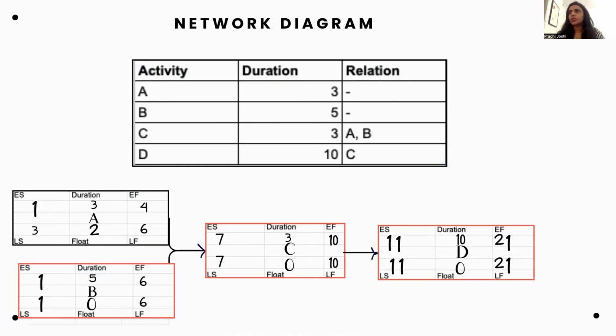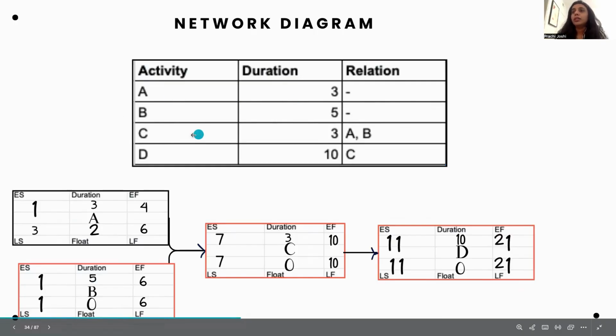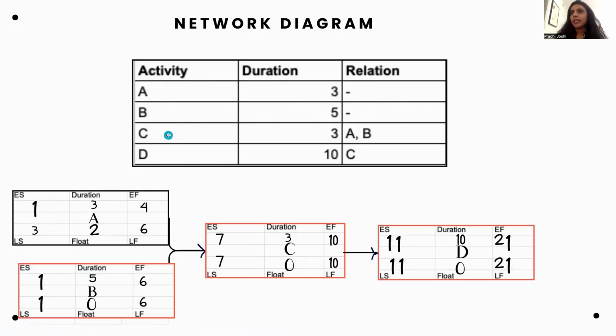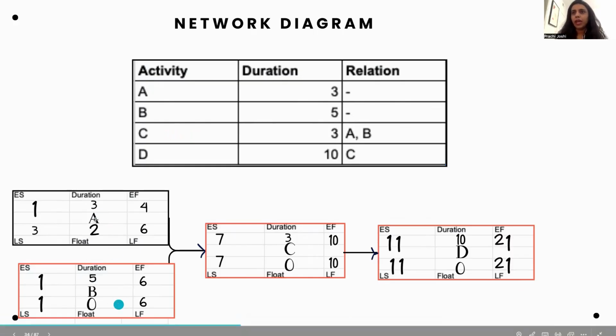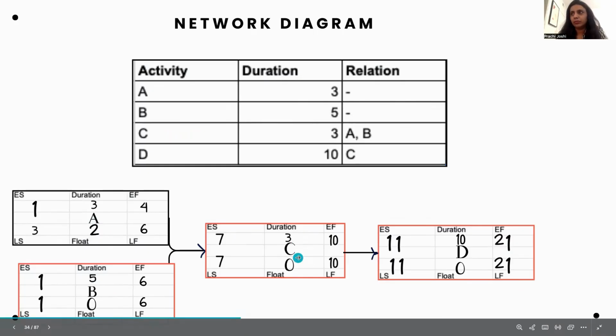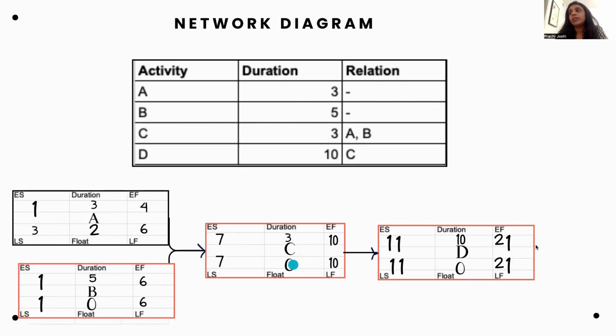What is precedence? What is a successor activity? What is a predecessor activity? For example, C's predecessor activities are A and B, and A and B's successor activity is C. C's successor activity is D, and D's predecessor activity is C. So that is simple predecessor and successor.